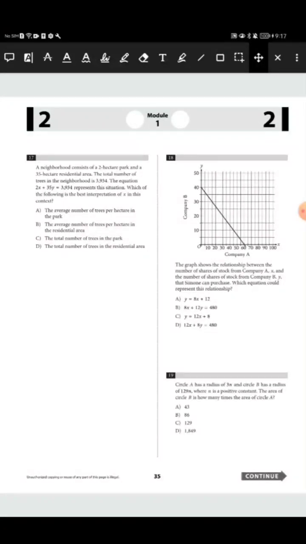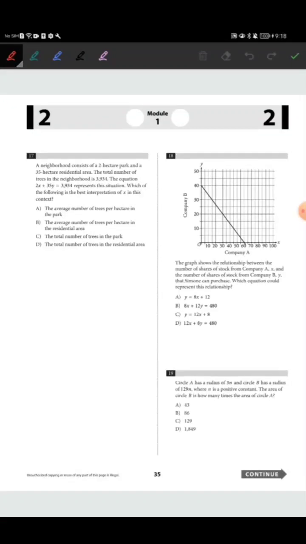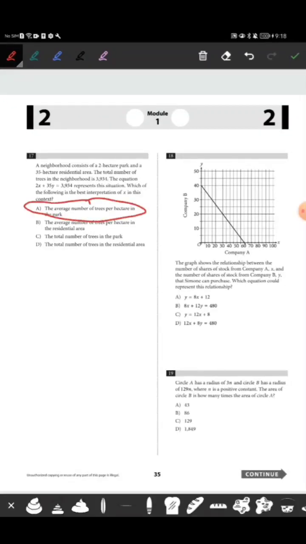So the options say the average number of trees per hectare in the park, or the average number of trees per hectare in the residential area, or the total number of trees in the park, or the total number of trees in the residential area. Of course, the answer here is very easy, and it is the average number of trees per hectare in the park, because the neighborhood consists of a 2-hectare park and a 35-hectare residential area, and the total number of trees in both is 3,934.